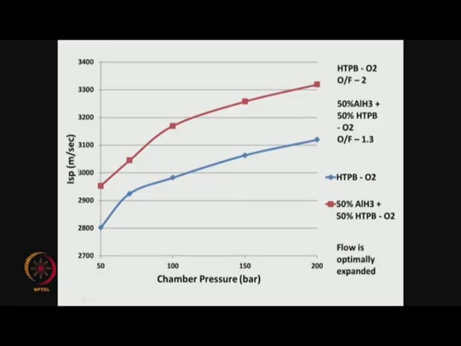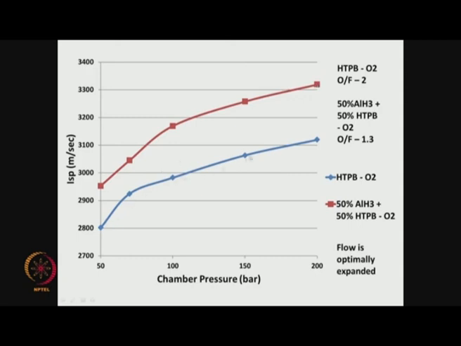Here there are two hybrid systems that are compared. On the x axis you have chamber pressure, and on the y axis ISP. The red line is for aluminum hydride and HTPB, 50% aluminum hydride, 50% HTPB, and liquid oxygen.